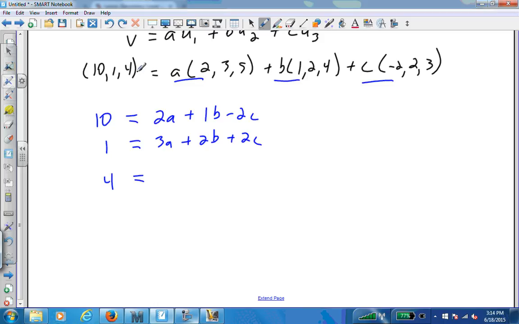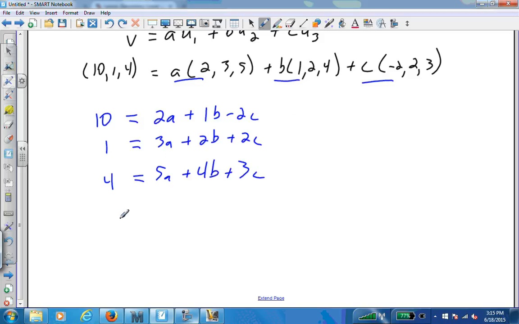And 4 comes from 5A plus 4B plus 3C. And we can solve that. However, you can think about this as an augmented matrix where these are the coefficients.